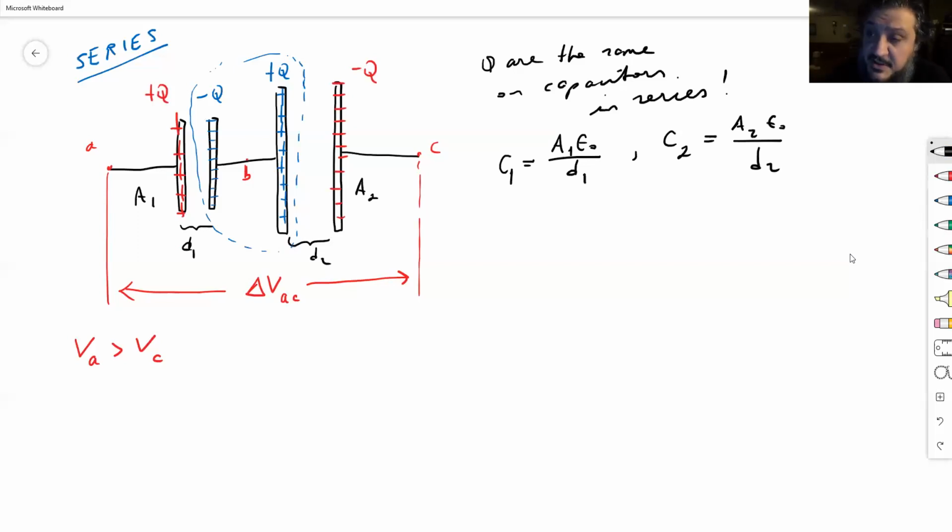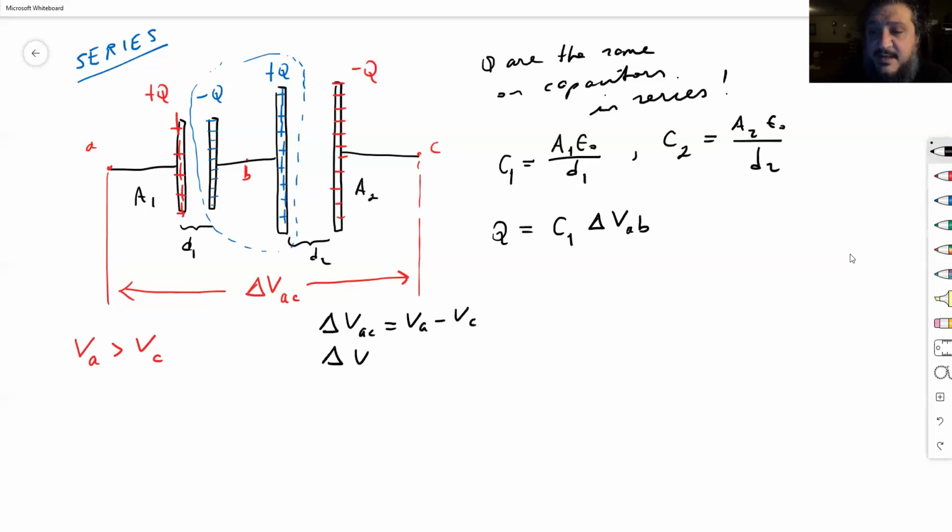So if the charges are the same, I can write this charge is equal to this capacitance times the potential difference across the plates. From A to B, I'm going to call it delta VAB, just like I named delta VAC. So here's what I did. Delta VAC is VA minus VC.